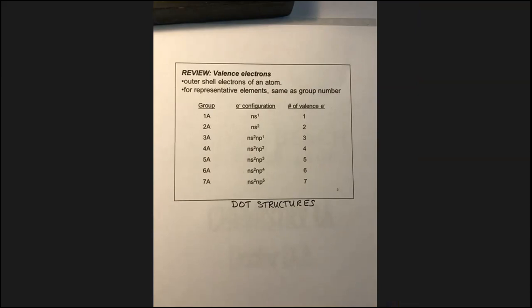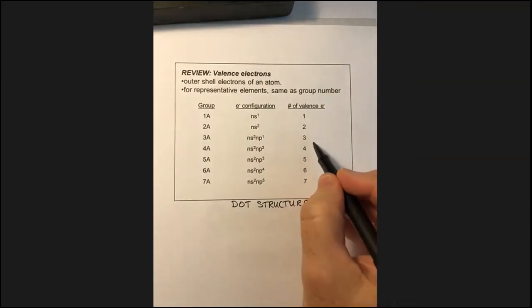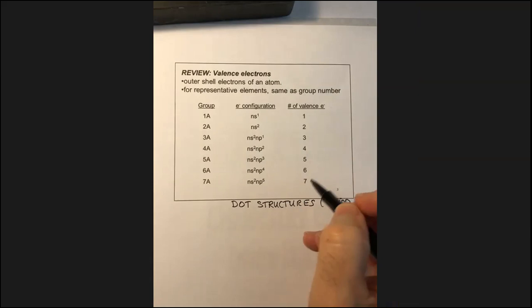So these are the elements. So how about if we take the elements in period 3? All right, let's do period 3. And we're going to take advantage of having the valence electrons in there.